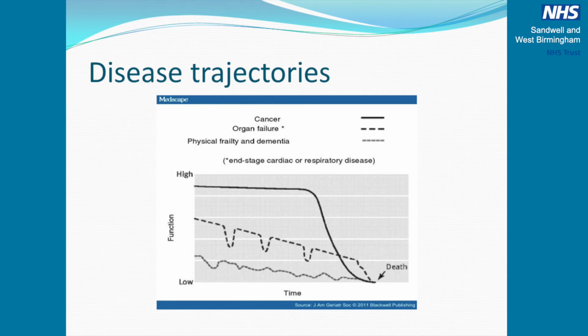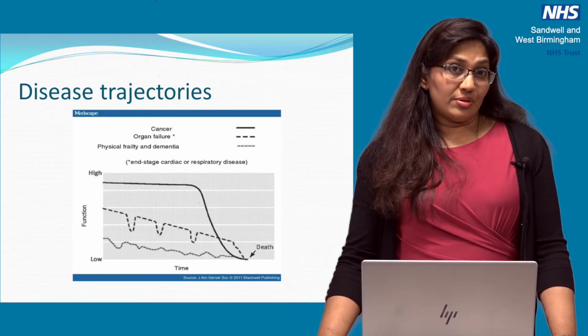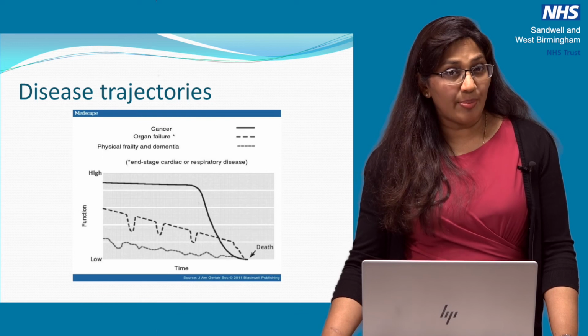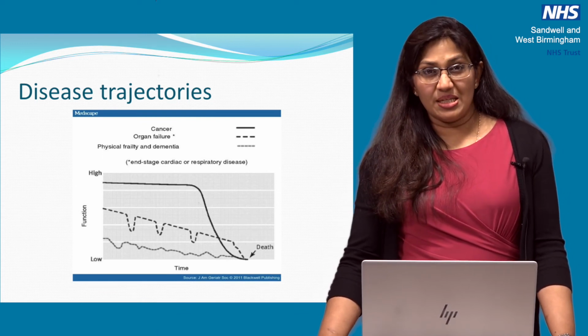And the other thing that I need to know is where they could be in their disease trajectory, in the journey of their disease. Could they be at the early stages when they've just been diagnosed? And has their diagnosis happened late into their disease or early in their disease?